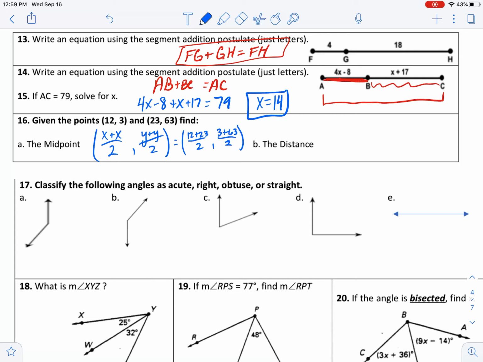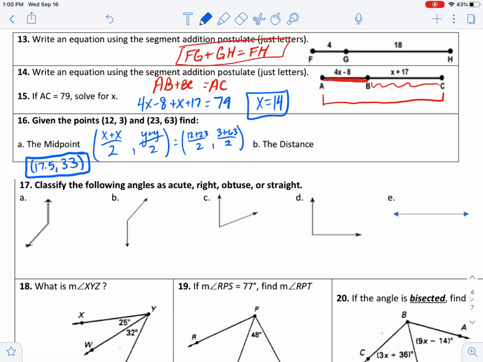So my final answer would be, see, 35 over 2 is 17 and a half. Oh, wow. Ran out of room there. 17 and a half, comma. And then my other point at 66 over 2, that would be 33. So there's my midpoint.